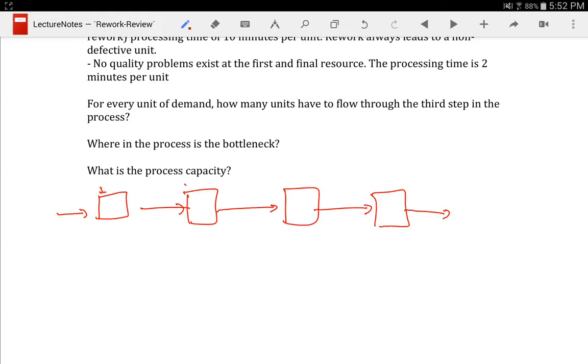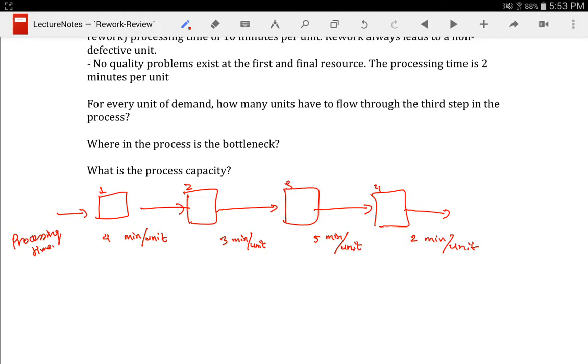Call this step 1, 2, 3, and 4. The processing times: the first step is 4 minutes per unit, the second one is 3 minutes per unit, the third one is 5 minutes per unit, the fourth one is 2 minutes per unit.